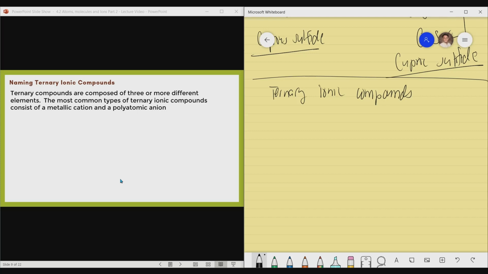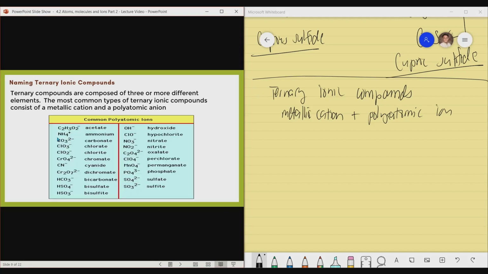Now, this simply means na ang ternary ionic compounds po ay uri ng ionic compounds kung saan gawa sa isang metal or metallic cation plus isang polyatomic ion. Okay? Remember polyatomic ion, these are clumps of ions.